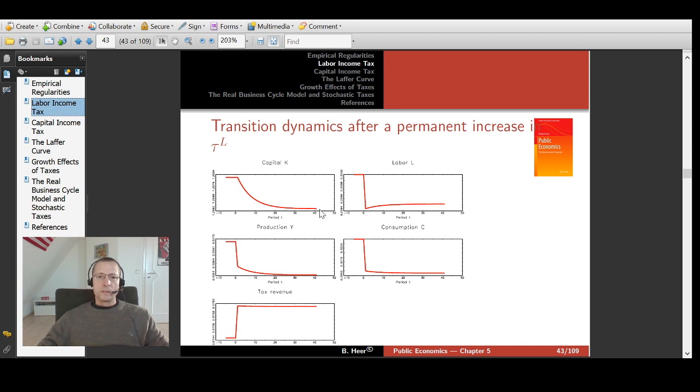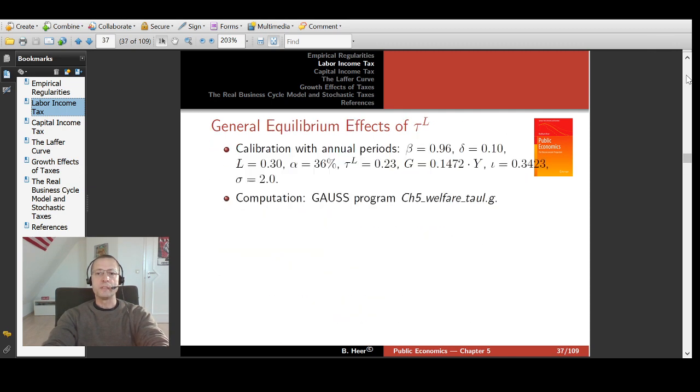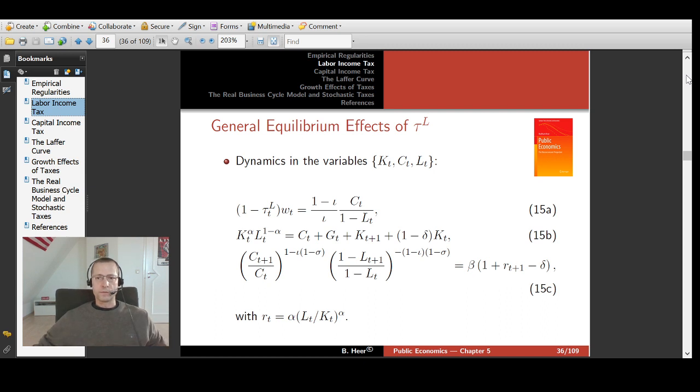So this formally is a two-point boundary value problem, and we have to solve the difference equation system, which is presented in equation 15. So we have a dynamic system in three variables K, C, and L.